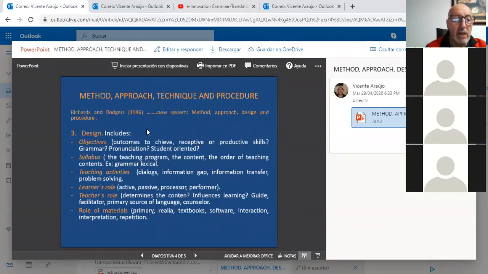First, objectives. What are they? They are outcomes to achieve. Objectives are the goals.